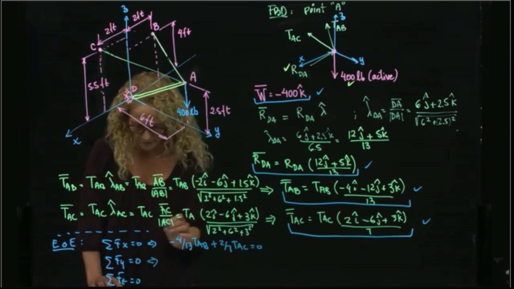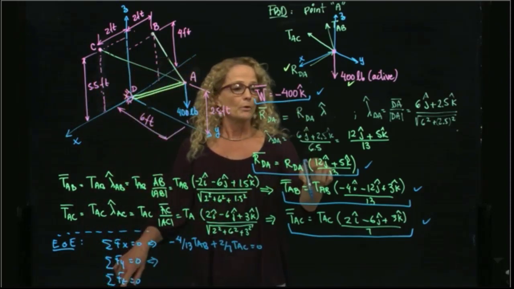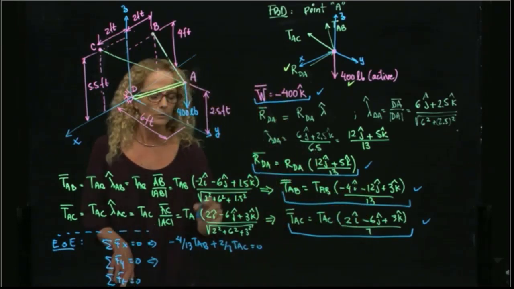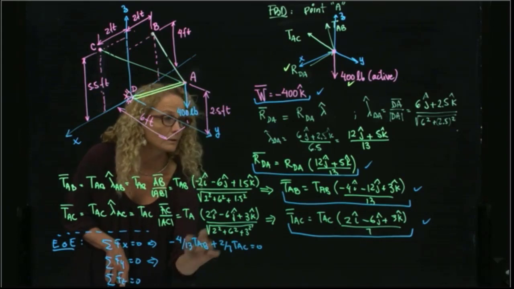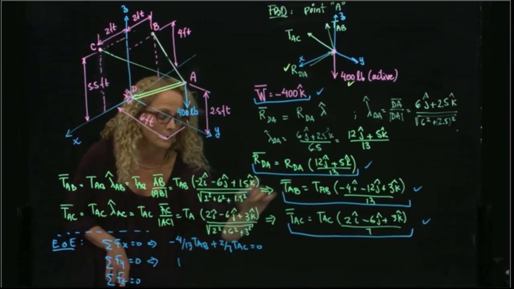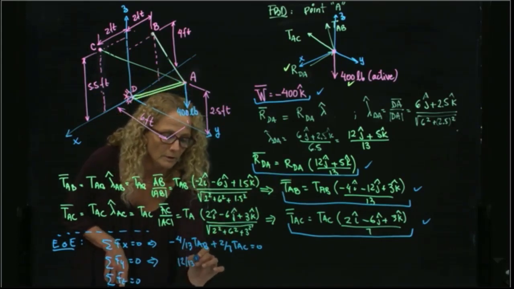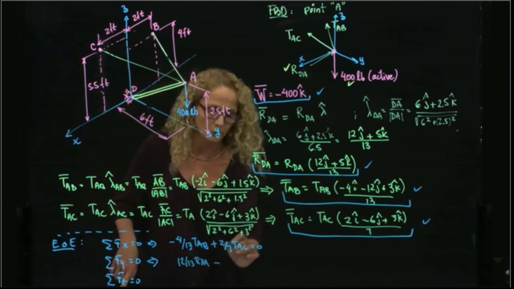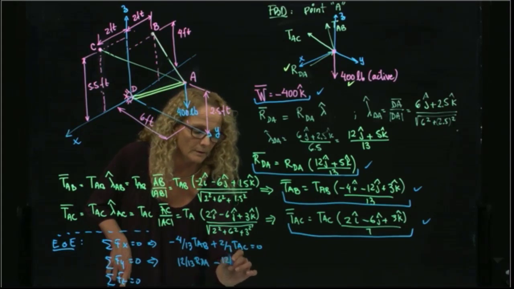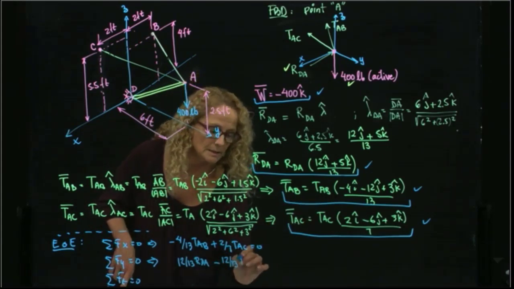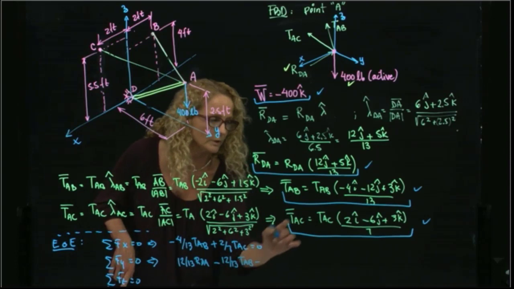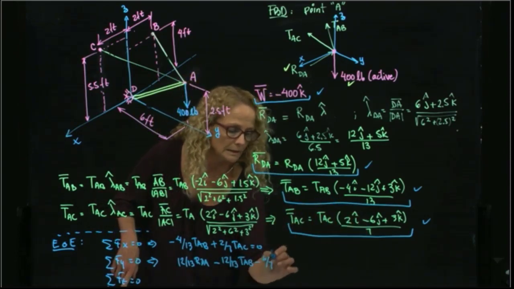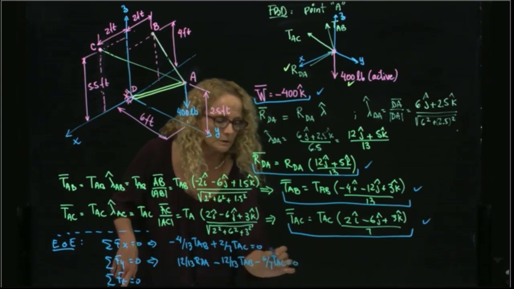My second equation will be the components in J. This has a component in J, this has a component in J, and this has a component in J. So it will be positive 12 over 13 TAB minus 12 over 13 DA. This requires a lot of attention so that we don't make any mistakes, right? Minus 6 over 7 TAC equals 0.